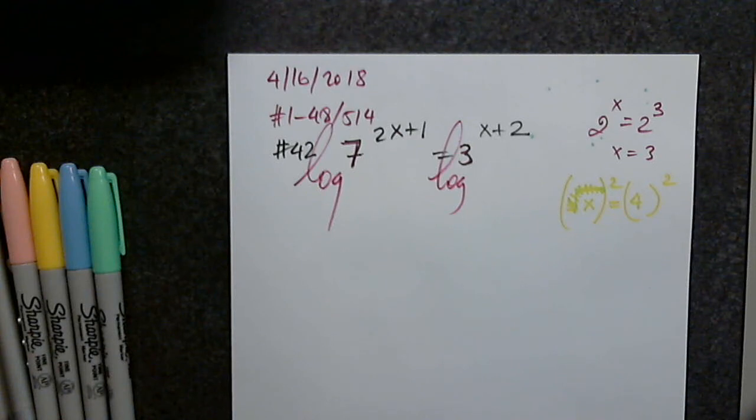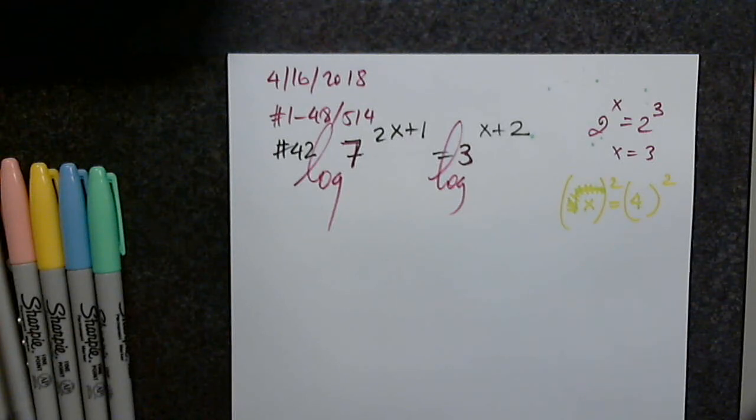Their logs will be the same number. So if two numbers are 5, log of 5 and log of 5 will be the same. So if this side equals this side, log of this side in the same base will equal log of this side in the same base. Because the two numbers are equal, their logs will be the same.